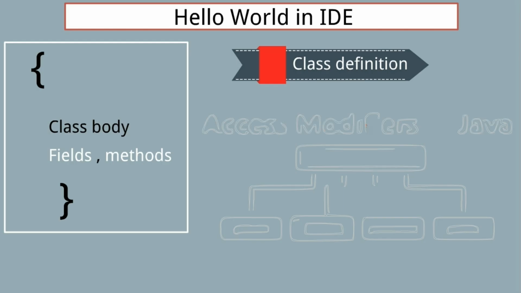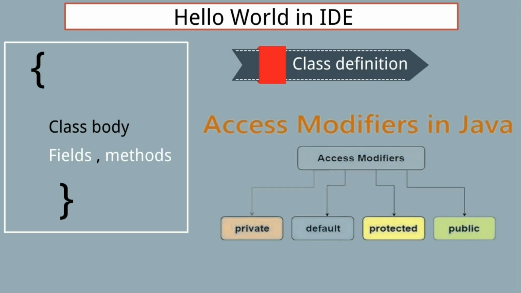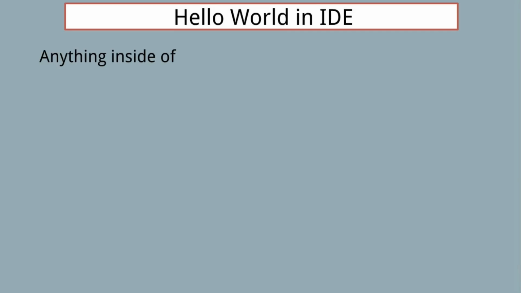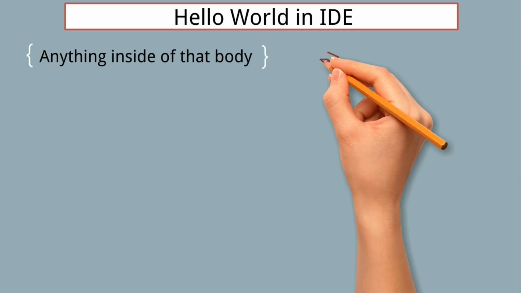The class definition may also have an optional access modifier at the beginning, such as public in this case, which grants full access as described earlier. This overview will be expanded later when we discuss access modifiers and class definition in more detail. Everything inside the curly braces belongs to this class.